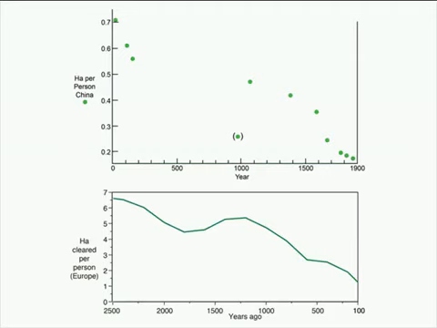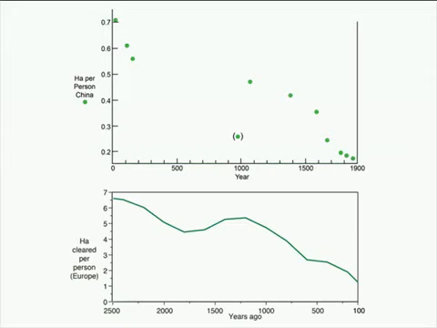And the bottom plot shows a similar but different index, which is hectares cleared per person, in other words, deforestation in Europe. And in this case, this index does include pastures and meadows and land burned for other purposes.